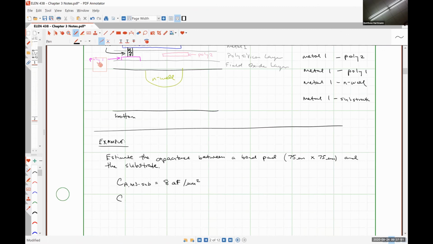And our fringe capacitance between the metal 3 and the substrate is, let's see, 26 attofarads per micron.